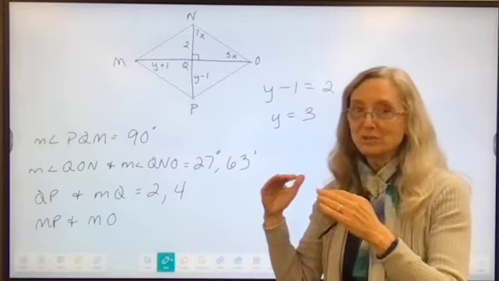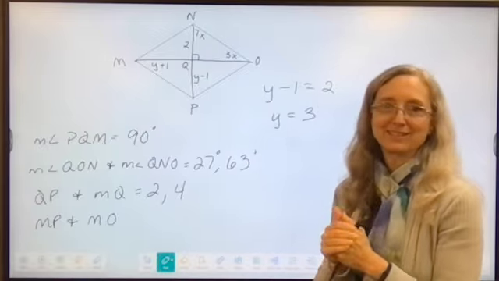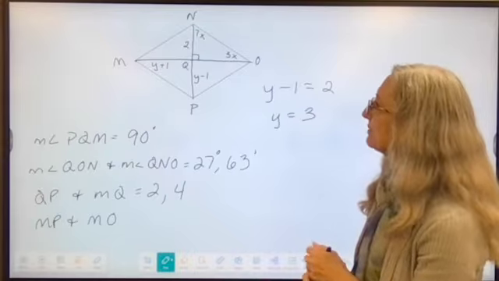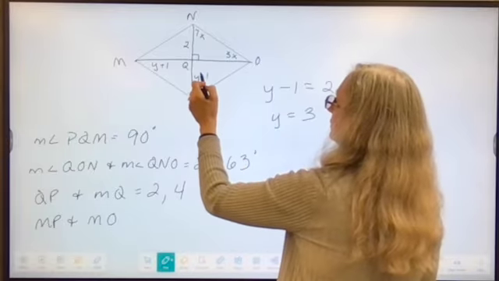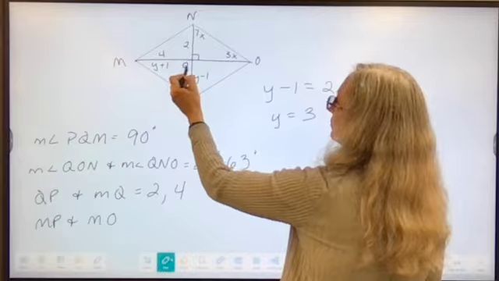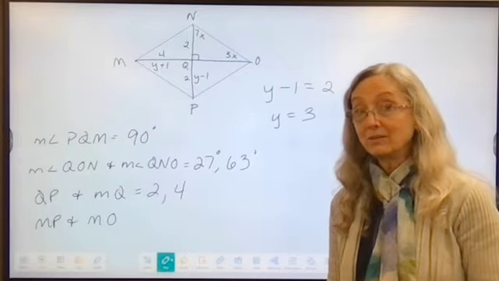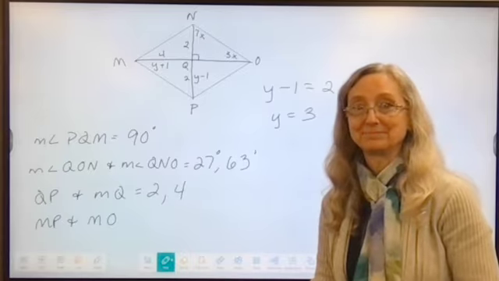There's clues everywhere for you to solve this puzzle. It's like solving a big puzzle. It's fun. All right, and now we're asked to find MP. So we know that this is 2, and we know that this is 4, and this is a right triangle. So what you can use is the Pythagorean theorem, if you need to find MP.